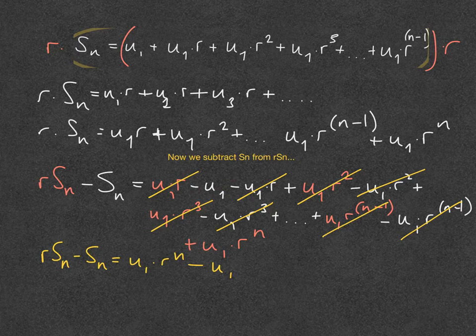So let's just circle these two. That's all there was left when we subtract Sn from rSn.